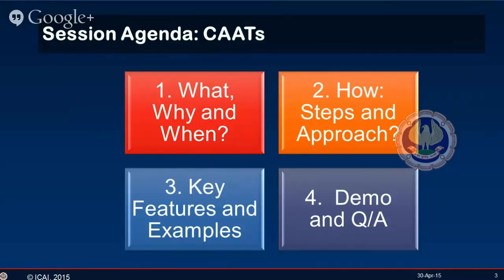Any CAAT software, if you have to understand, may take about 30 to 50 hours. But for the purpose of the material, there are about 20 key functions which have been covered, and my focus would be to pick up 8 or 10 key functions, give you a demonstration of how these functions work, and also the perspective from which these have to be used. We'll also have a demo followed with the QA.